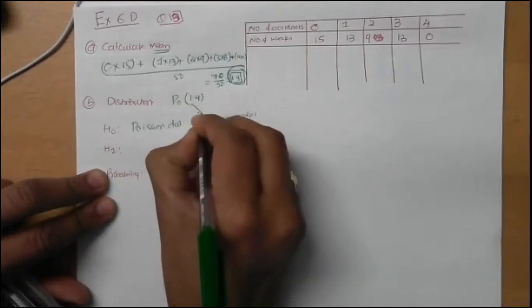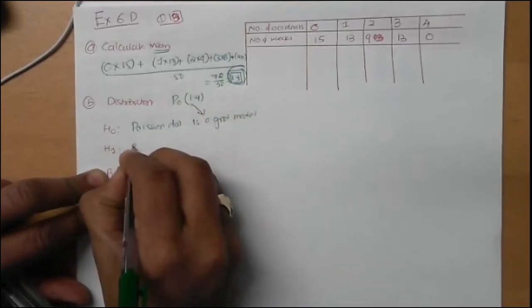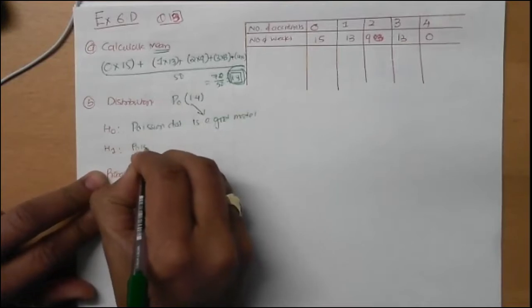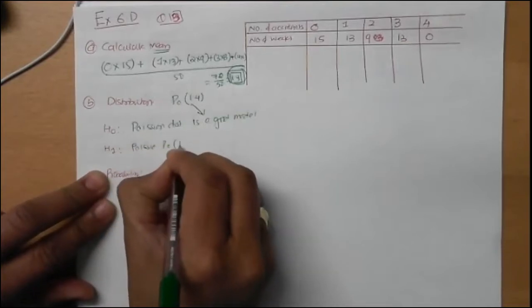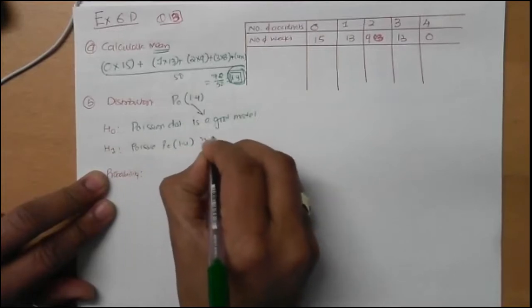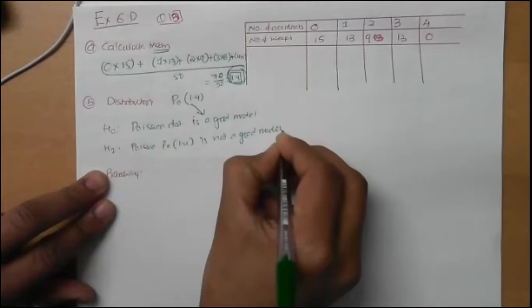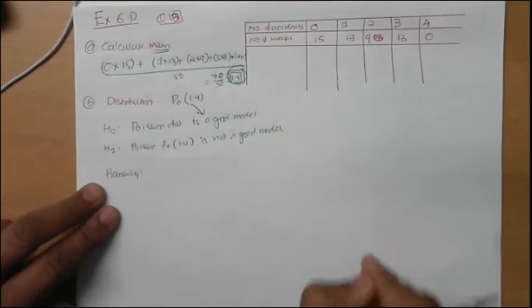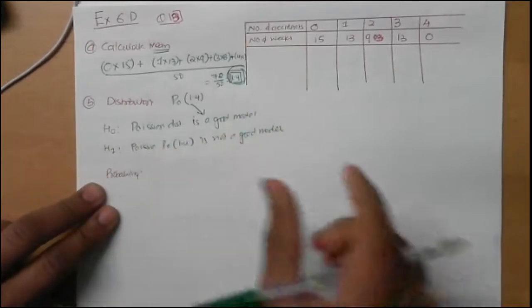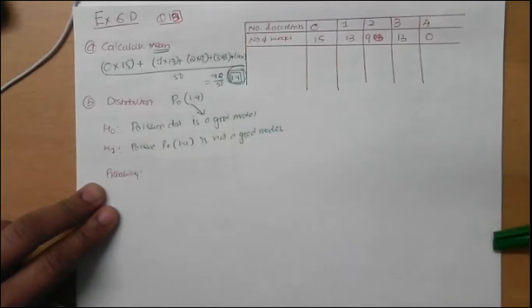And H1 is that Po(1.4) is not a good model. Guys, it doesn't change. This is how you write H0 and H1, always.